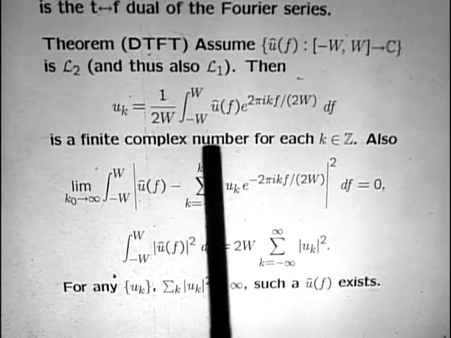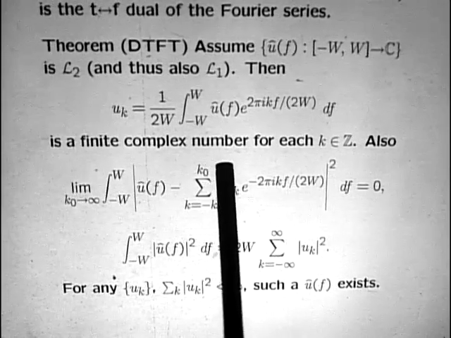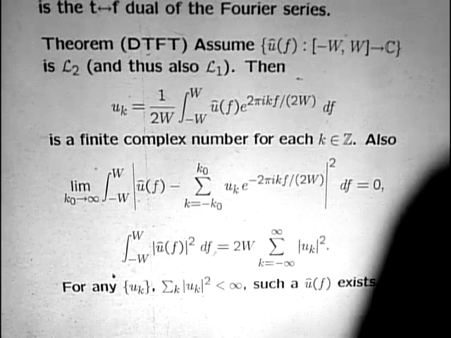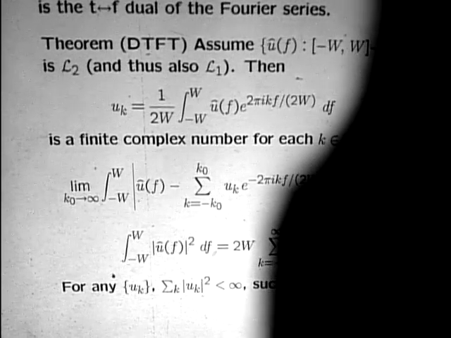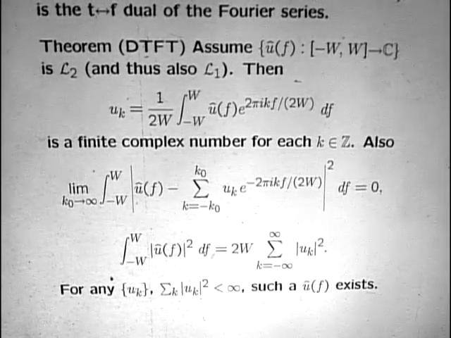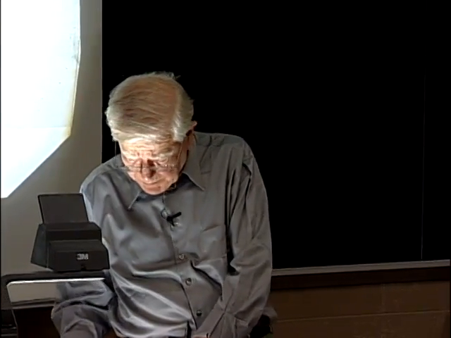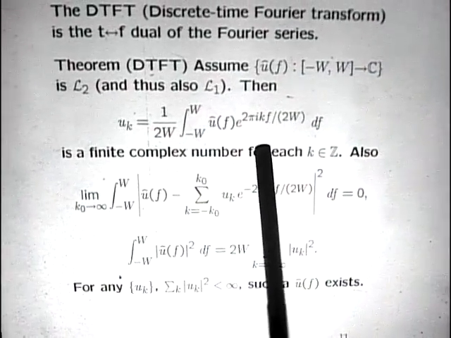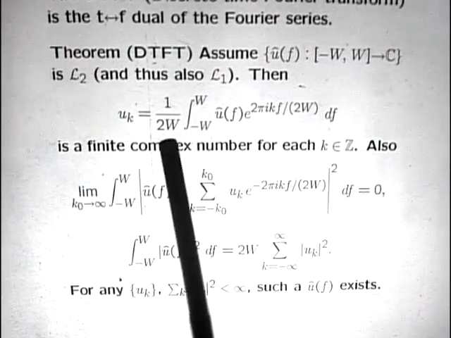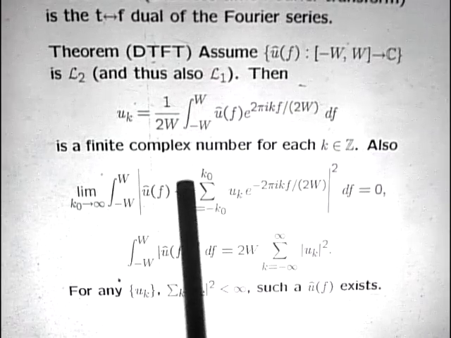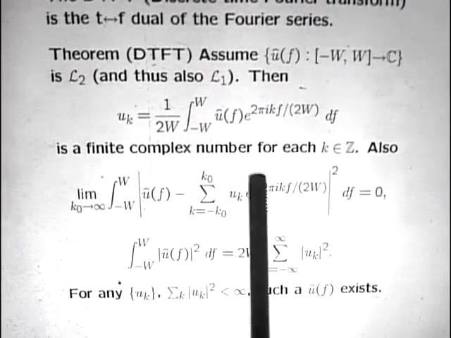You remember before when we dealt with the Fourier series, we went from minus T over 2 to plus T over 2. Now we're going from minus W to plus W. Why? It's just convention. There's no real reason. So that what's happening here is that this is a Fourier series formula for a coefficient where we're substituting W for T over 2.